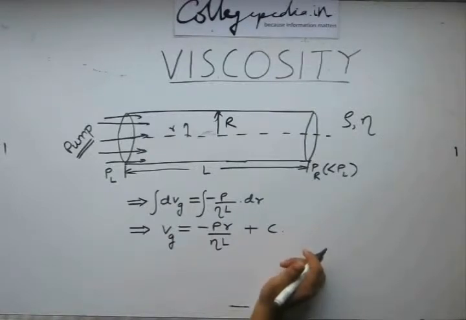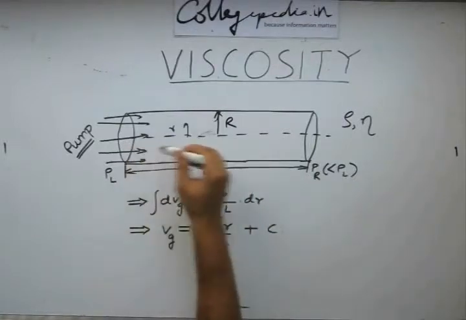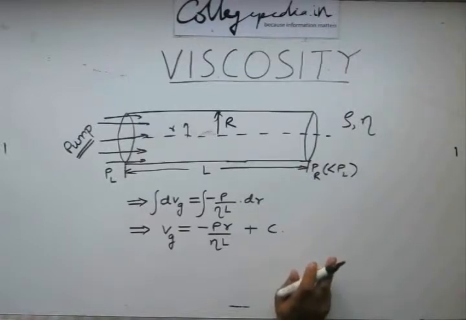If we consider at capital R, we will have the velocity gradient equal to this quantity. Also, if we consider at the center line, we will have Vg equal to 0. That eliminates this constant.